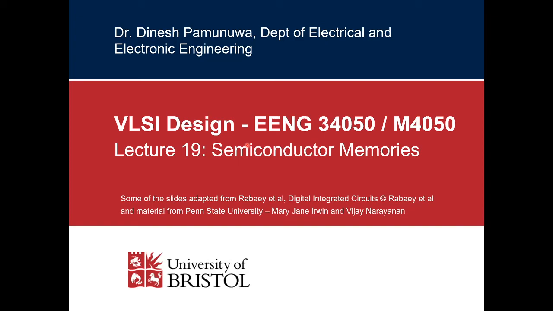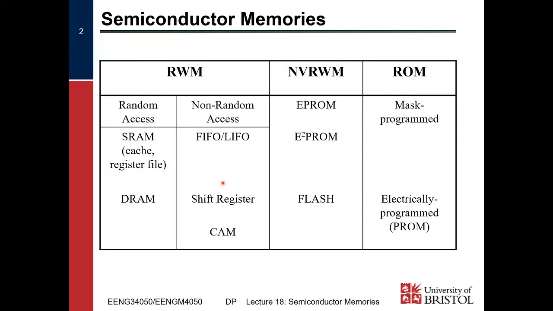And then we also heard that there are dynamic memories, which work on the same principle as dynamic logic in terms of the value being stored on the parasitic capacitance at a particular node.